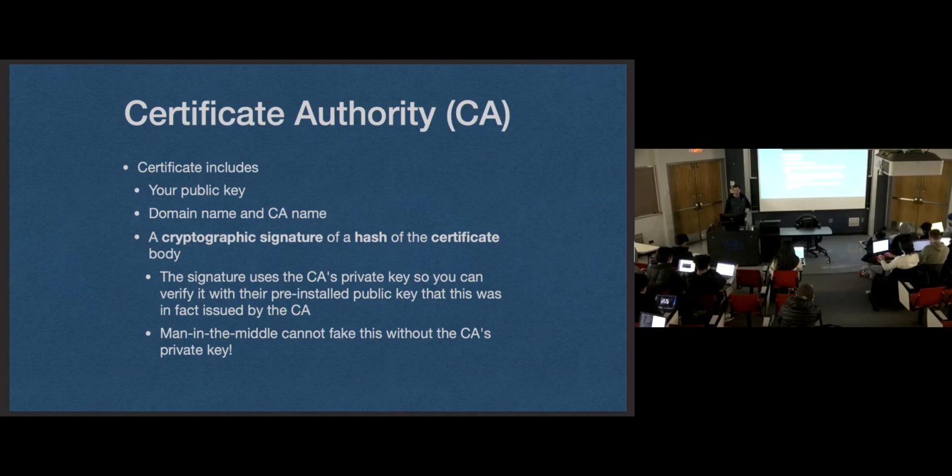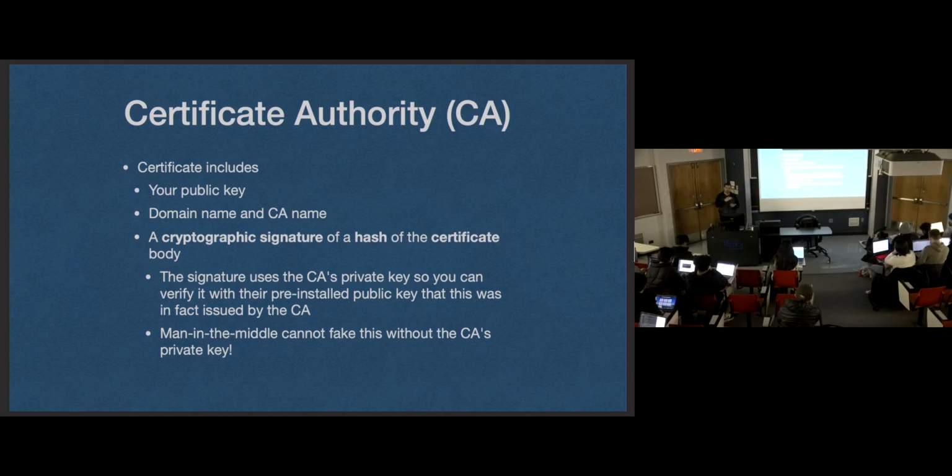So when somebody visits my site, so when somebody visits your server, you're not just going to send them your public key and say, here's my public key, use this if you want to encrypt anything and send it to me. Instead, you're going to send your certificate. That user gets your certificate, which contains your public key, the domain name, and the CA name all in plain text.